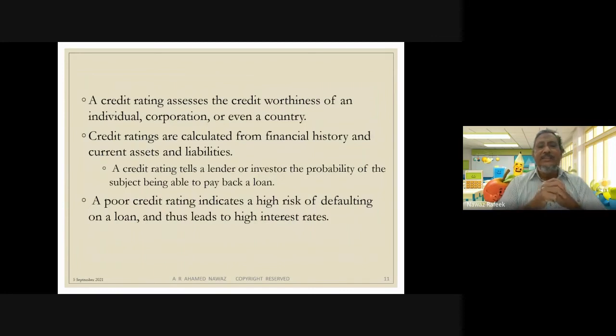Credit rating assesses the creditworthiness of an individual, corporation, or even a country. Credit ratings are calculated from financial history and current assets and liabilities. The credit rating tells a lender or investor the probability of the subject being able to pay back the loan. So that decision is incorporated in the rating. A poor credit rating indicates a high risk of defaulting on a loan and thus leads to a high interest rate.